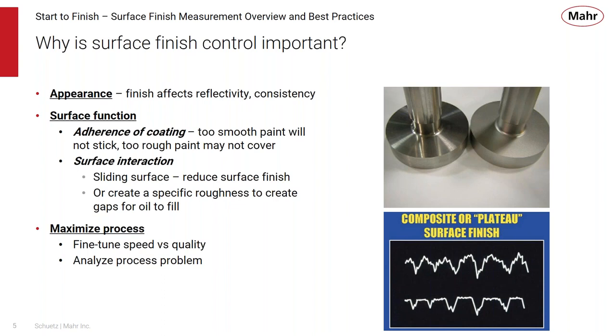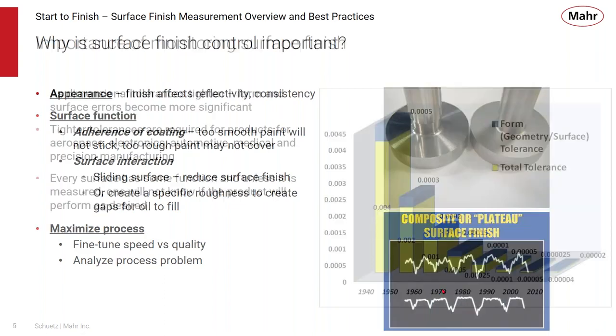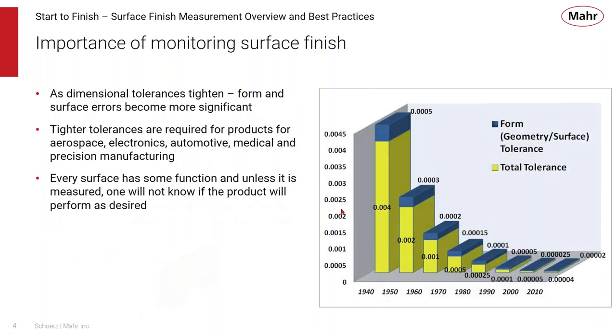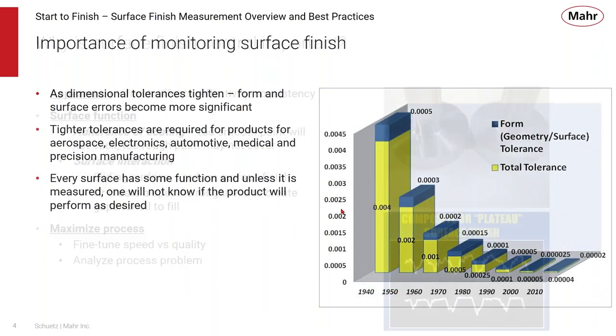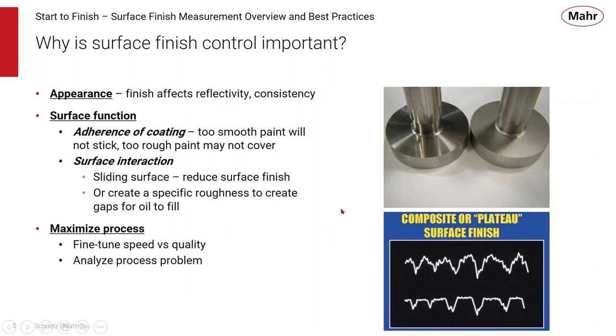So you can see in that plateaued picture at the bottom here that the surface's peaks have been cut off. There are some valleys in there, and we can hold oil in those valleys to make that surface function better. So surface function is another reason for controlling surface finish.